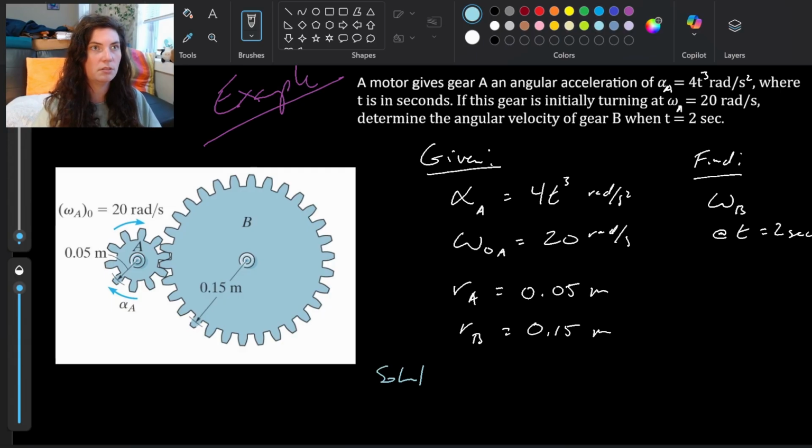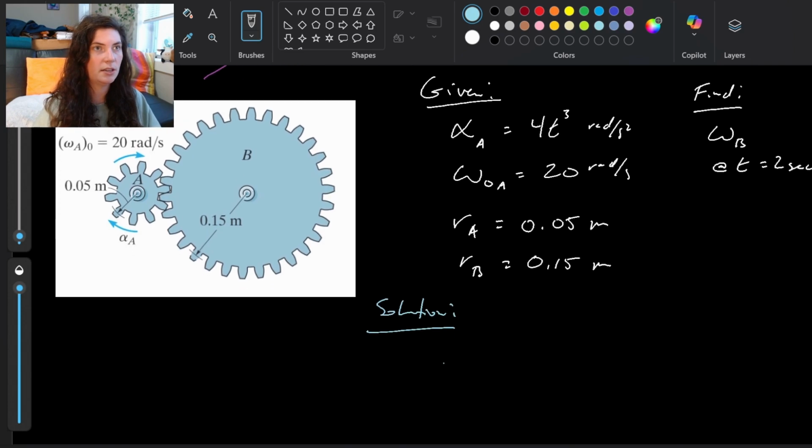I know I can use that ratio of angular velocity of A times RA equals angular velocity of B times RB. But don't fall into the trap of just putting in this angular velocity that we were given, because that's not our angular velocity at 2 seconds. Right? We're going to need to find that angular velocity of A at 2 seconds first before we can plug into this relationship.